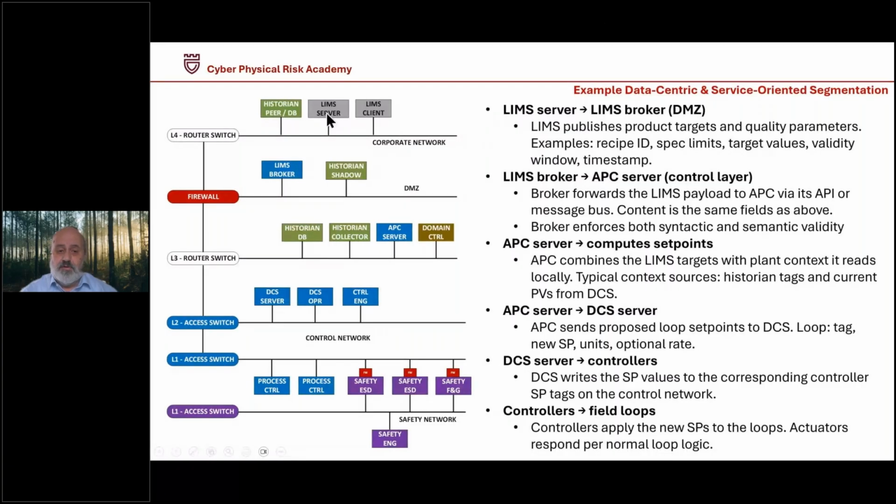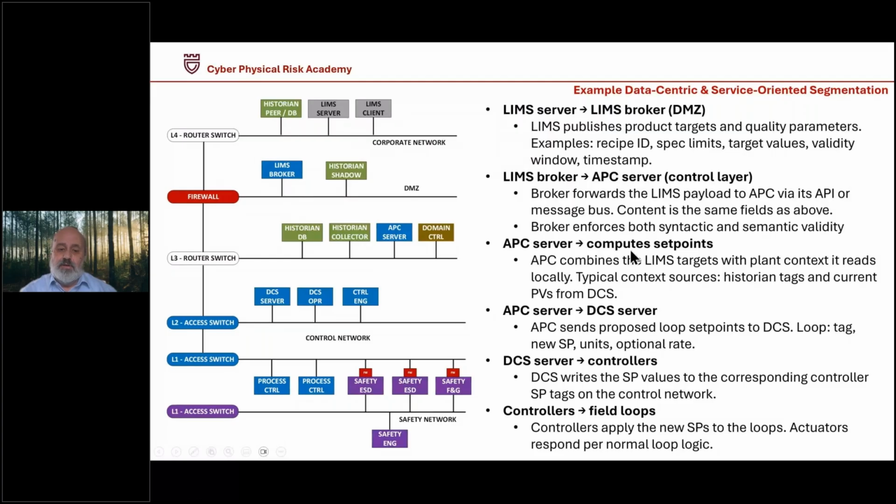The LIMS server connects through the LIMS broker to the APC server. The APC server provides its value to the DCS server. The DCS server provides its value to the process controller and makes some modification to the set point. This creates a situation where the control proximity is really up here in level 4, because if I manipulate a bad value in here, I create a problem.